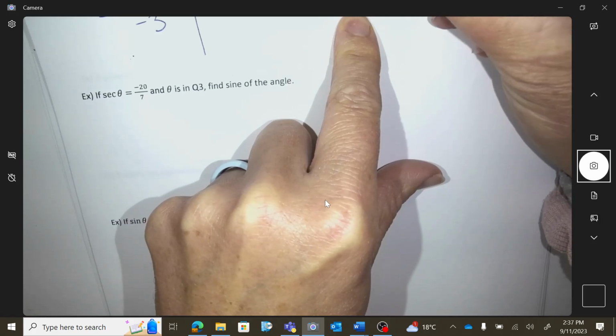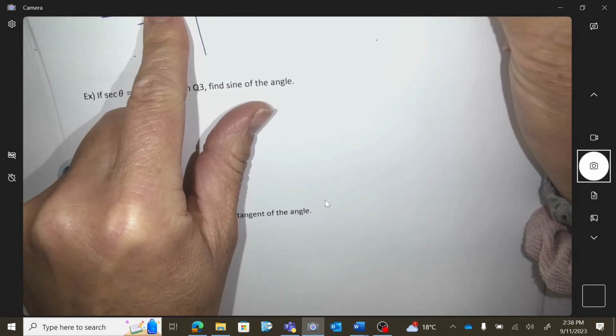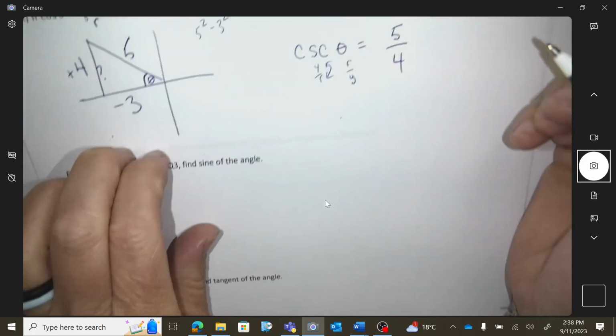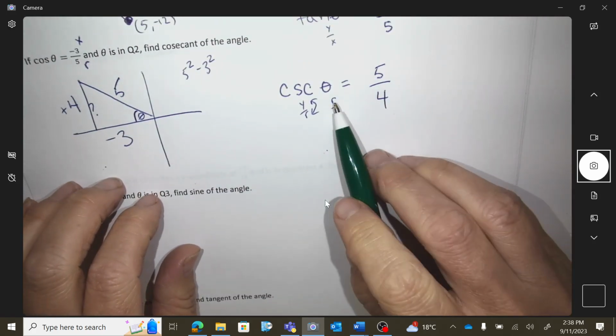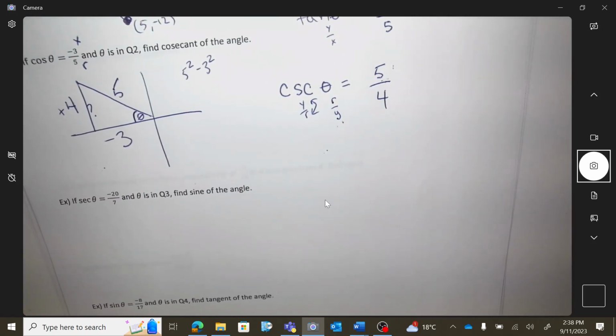So I need an R and then a Y. So it would look like this. I need an R and then I need a Y. So that's my answer. And if sine is positive on the ASTC chart, cosecant is positive as well. Those will always line up like that, positives and negatives.